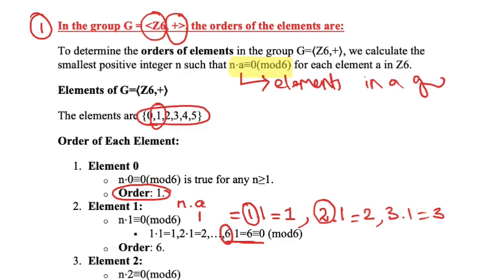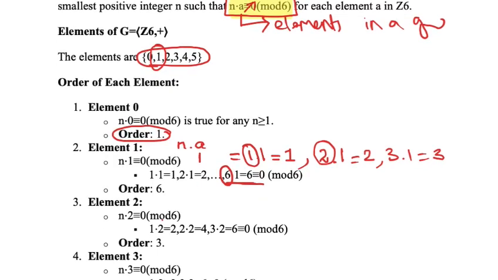So the order of this element is 6. Once again, the condition is n into a equal to 0. The point at which this value equals 0 is the order.